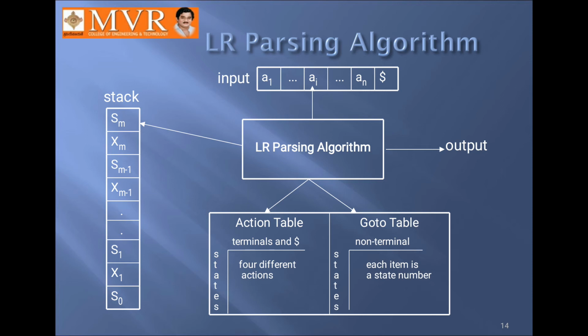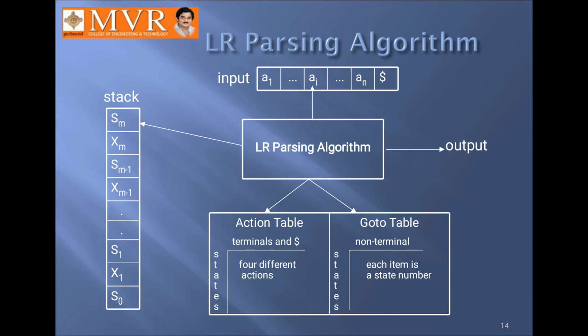In LL, the stack is used for designing what is still to be expected. In LR, the stack is used for designing what is already seen. LL builds the parse tree top down. In LR, the parse tree is built bottom up. In LL, it pops a non-terminal off the stack and pushes the corresponding right hand side.